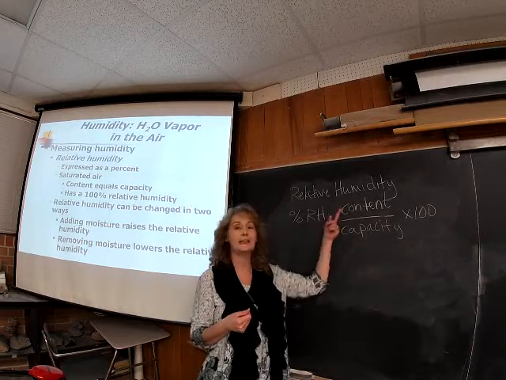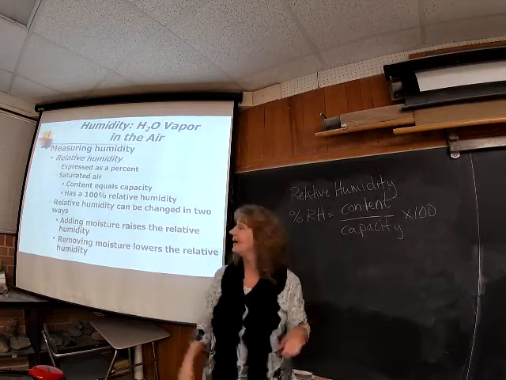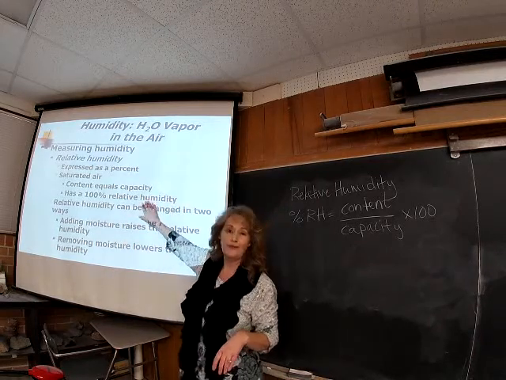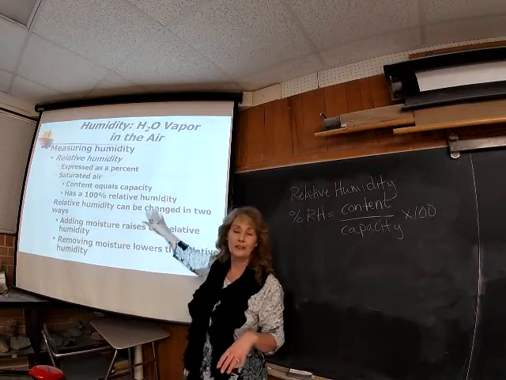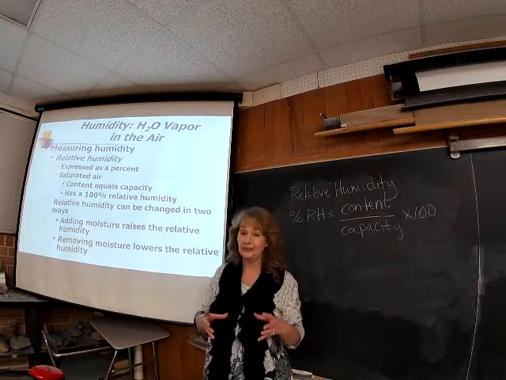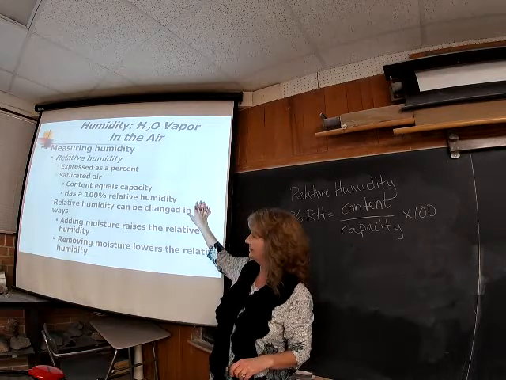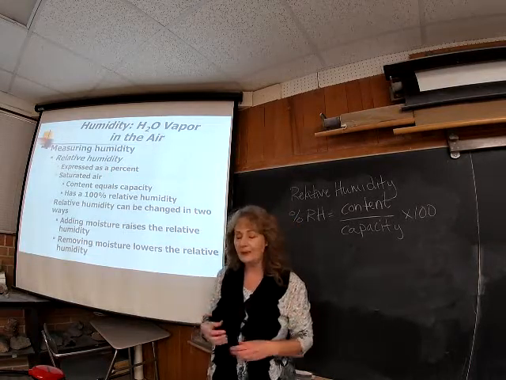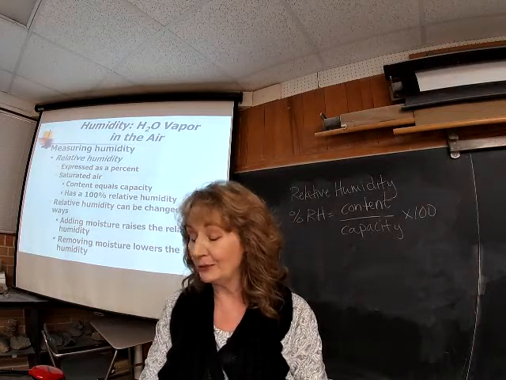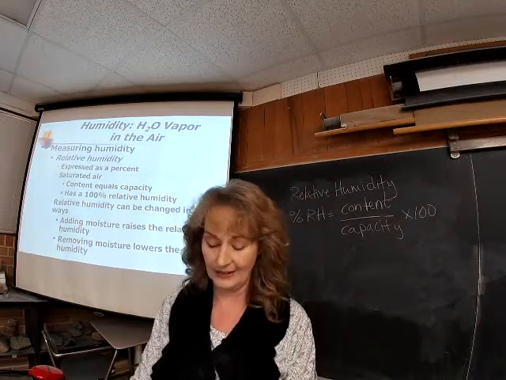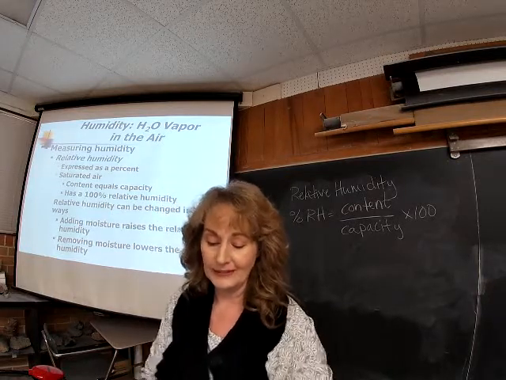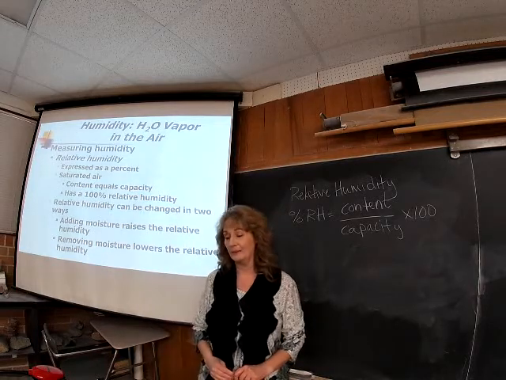So anytime your content equals your capacity, you have 100% relative humidity, and that air is saturated with water vapor. It cannot hold any more water vapor, okay? So when content equals capacity, you're at 100% relative humidity. Okay, so that's a little ratio going on.